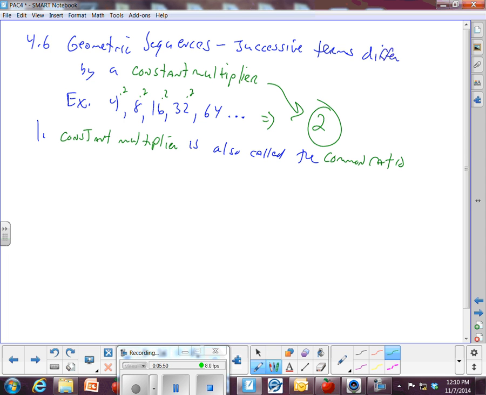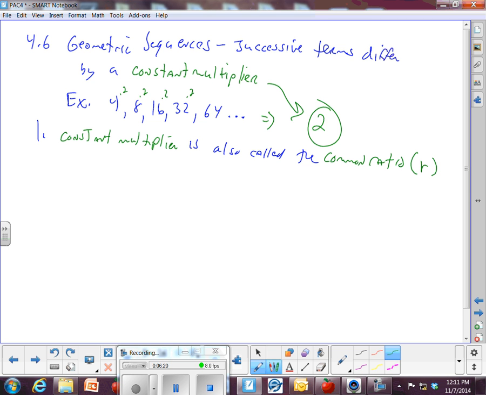And for a common ratio, we would use the lowercase letter, what would you guess? R. R. R. It's R. Missed your chance. There it was, for you to be a pirate, but I guess you're just not into it. So you missed your opportunity. So the constant multiplier is R, which is also the common ratio.